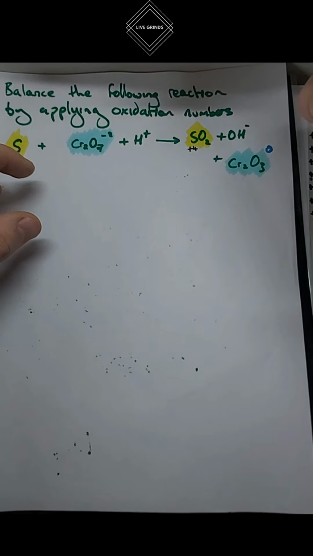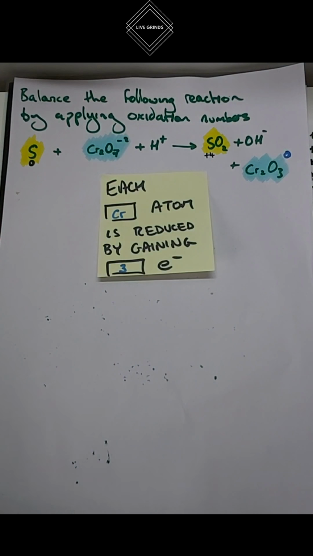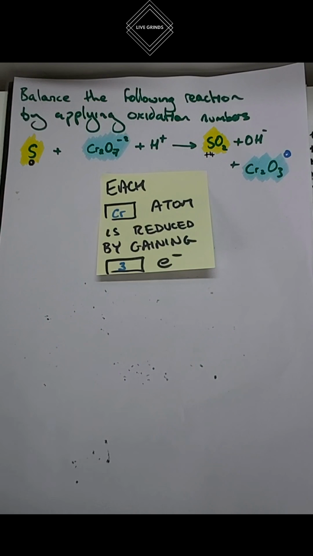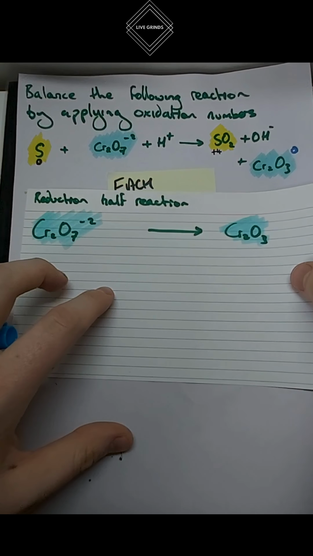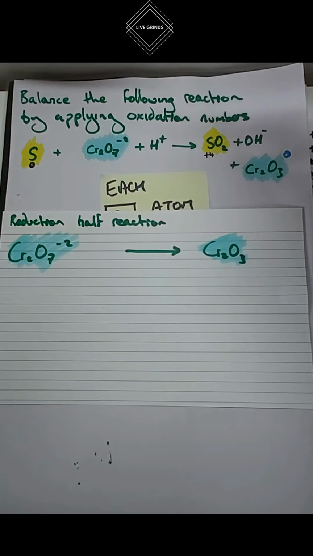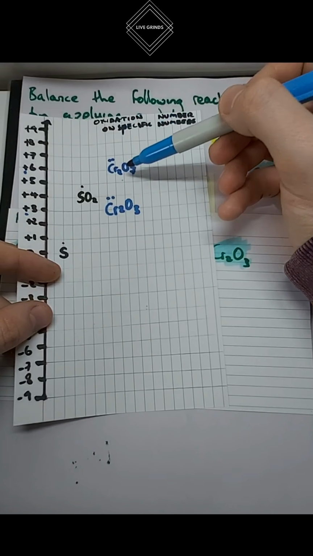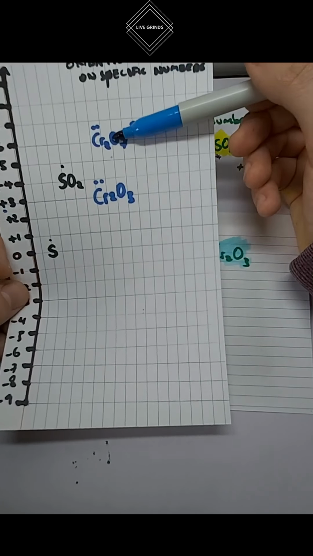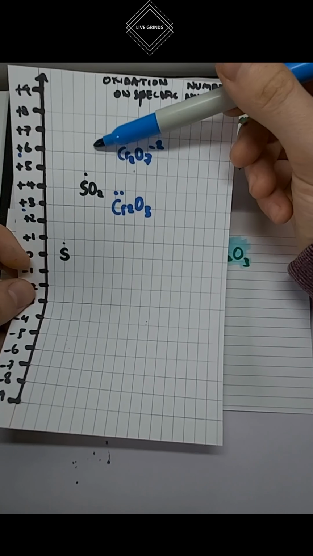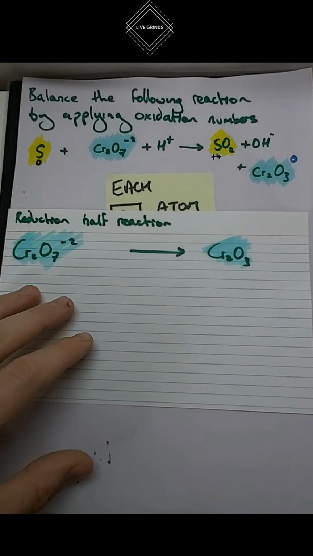So let's look at the first reaction here, the reduction reaction, and we'll start balancing that out now. Okay, so we're going to go to the chromium. We said with the chromium reaction, for each chromium atom as it moves from here to here, it gains 1, 2, 3 electrons as it moves down.